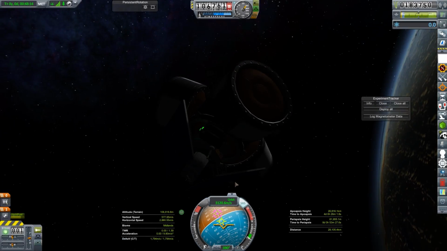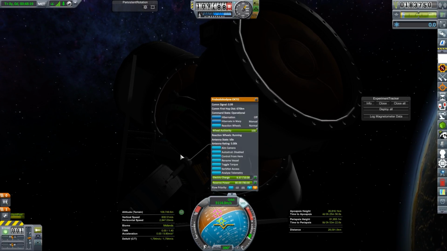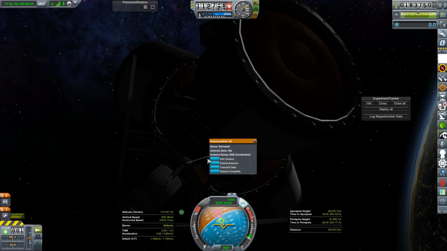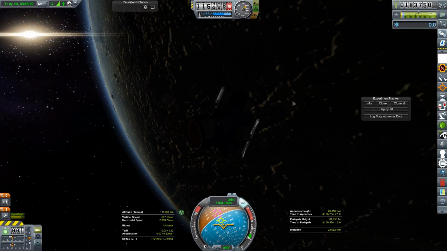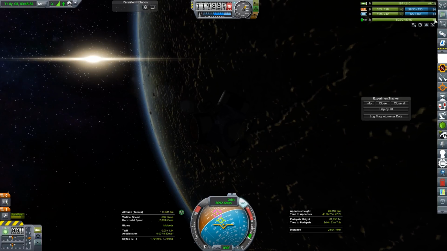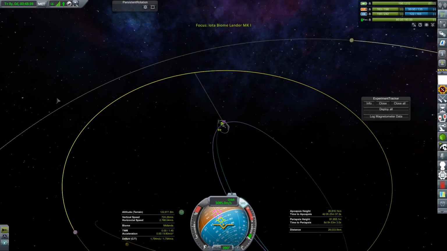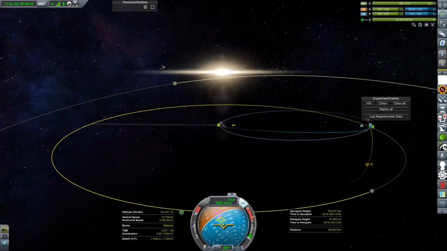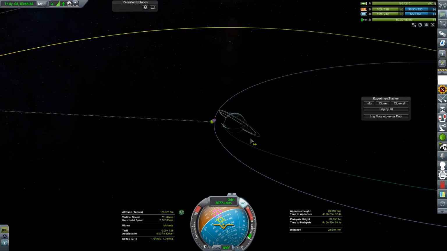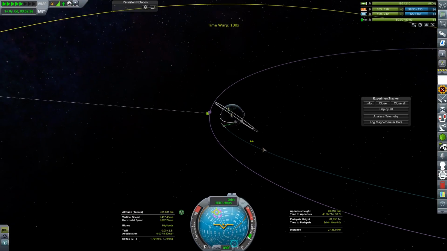Before I go too far, I do want to make sure that my probe core hibernation on warp is auto, and I want to extend at least one of my antennas so that I don't lose contact. Now the sun is back there, which means I won't be able to really aim toward it for solar power until I get around the planet.